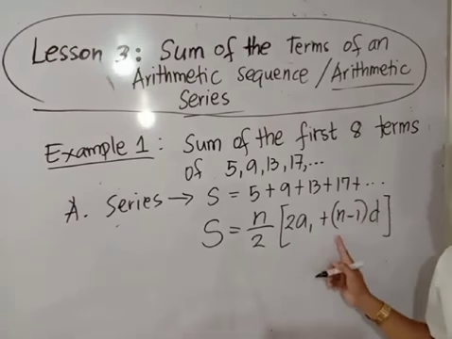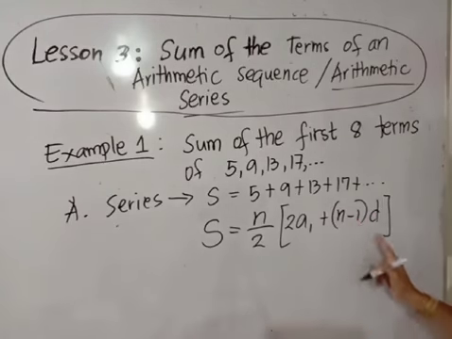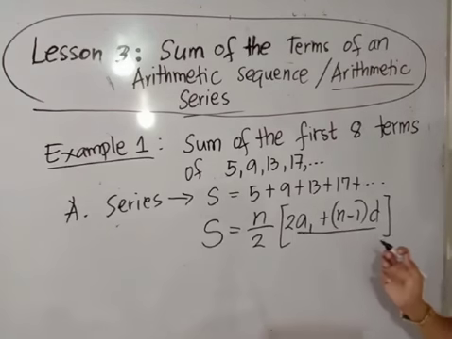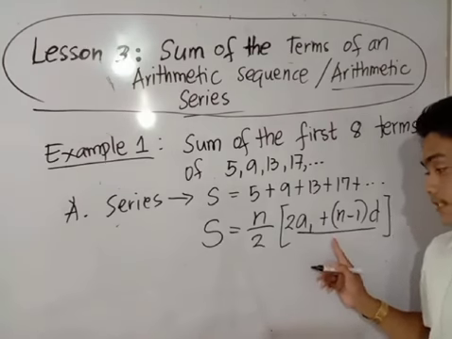In the Philippines, we also read this as the quantity n minus 1 times the common difference. As you can see, this part of the formula is familiar to you. This is the nth term of an arithmetic sequence.